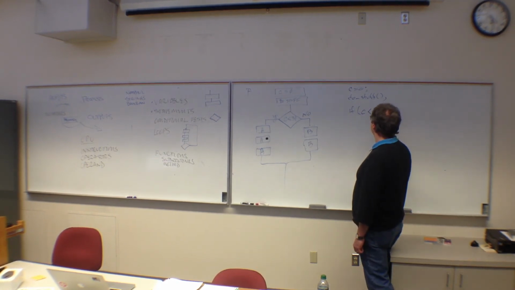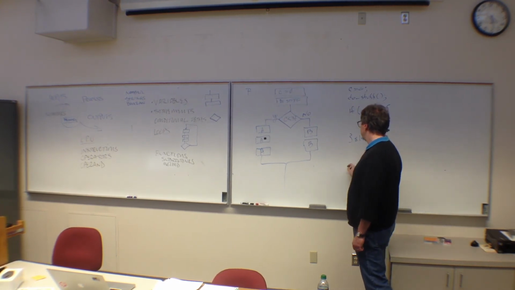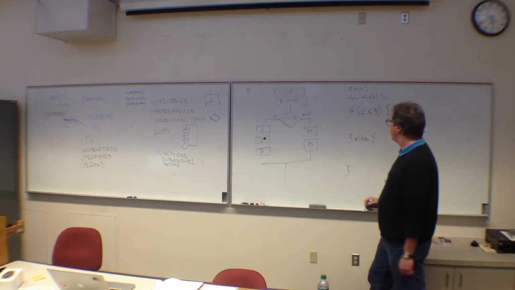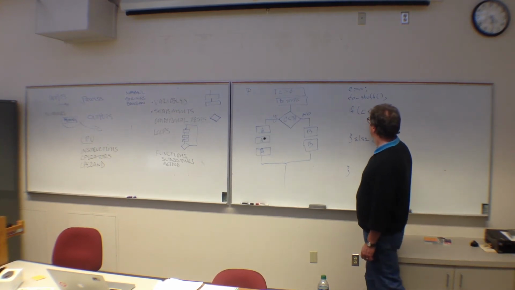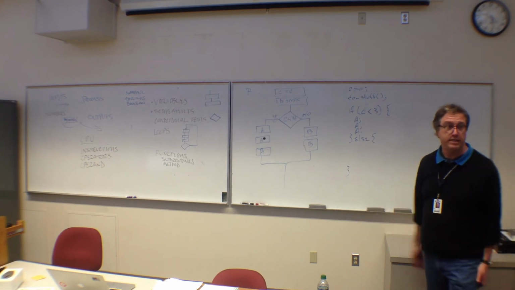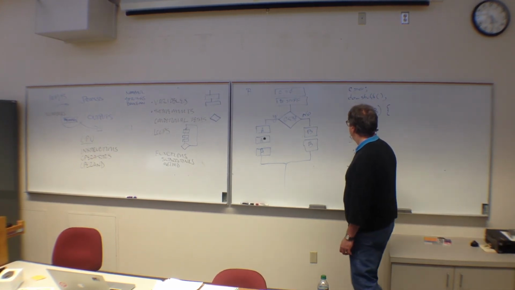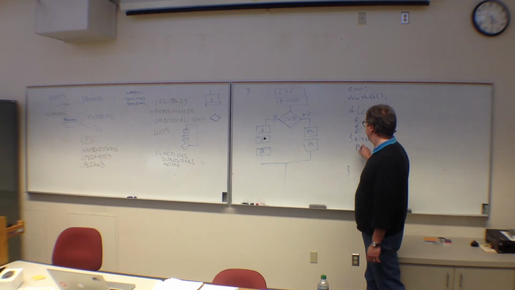Inside is a statement, just some statement, whatever I want to do when C is less than 3. Maybe I want to sign up for more classes. However, if I'm down here, then it's B and B.